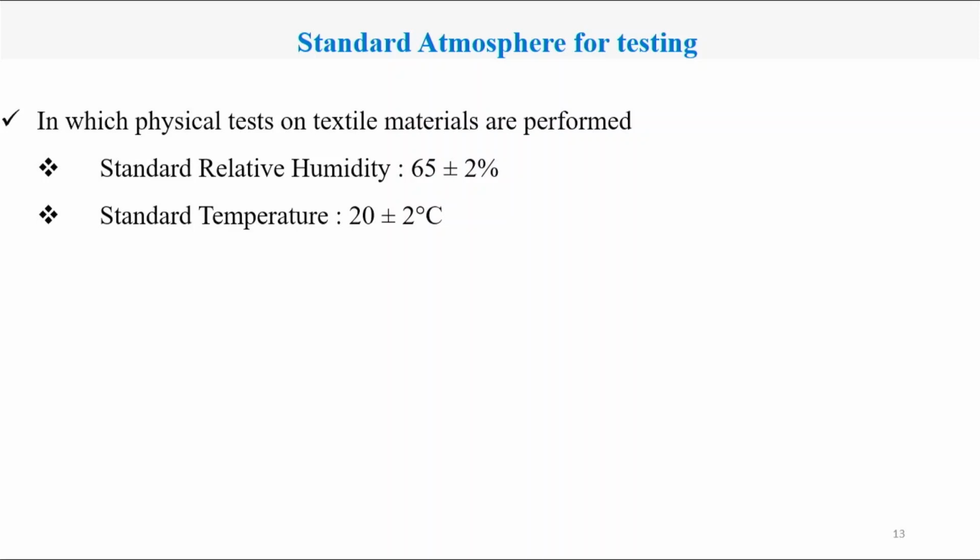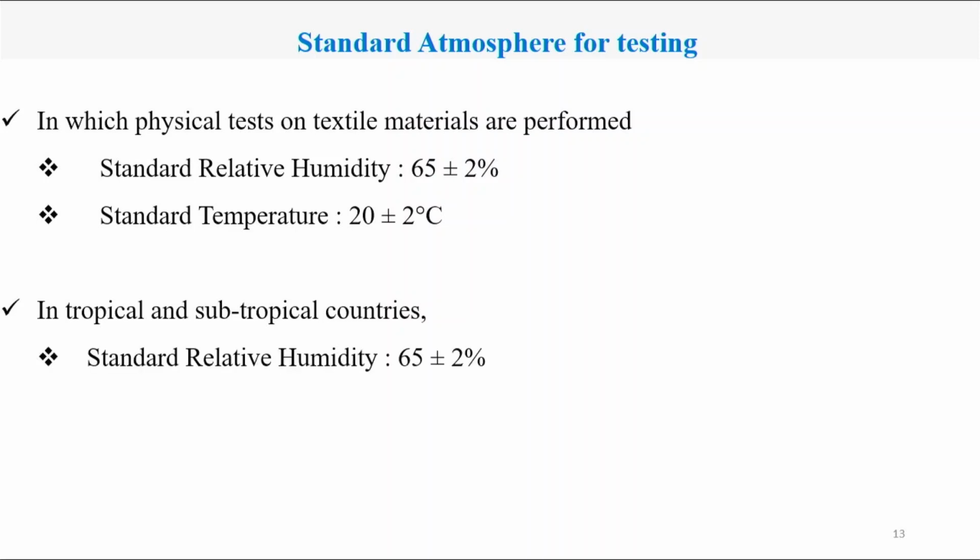The problem here is that in a tropical country like ours, to maintain 20 plus minus 2 degrees Celsius is a little bit difficult, because the air conditioning load will be very high. So for tropical and subtropical areas, the temperature we maintain is 27 plus minus 2 degrees Celsius.